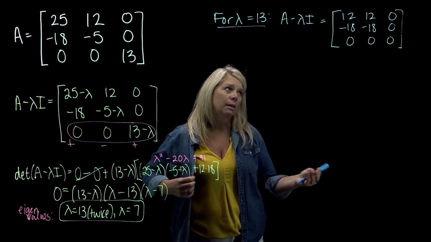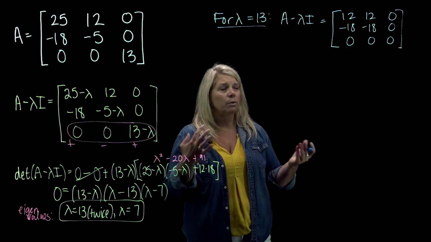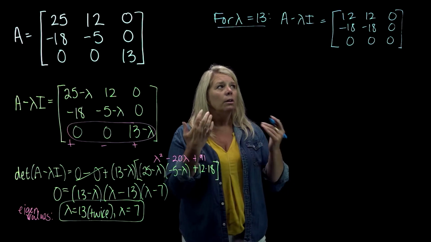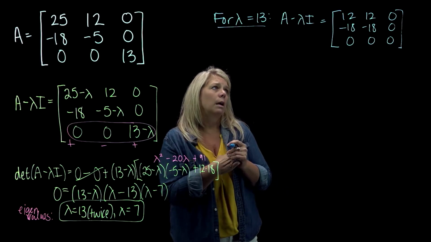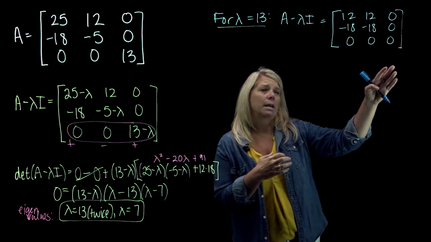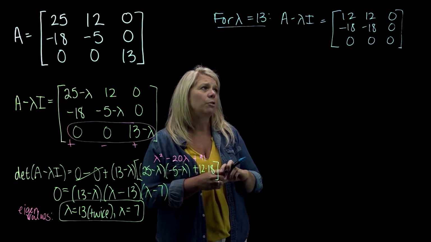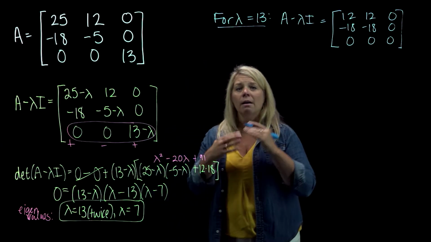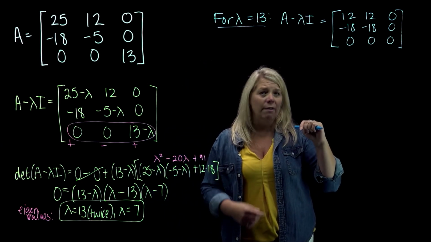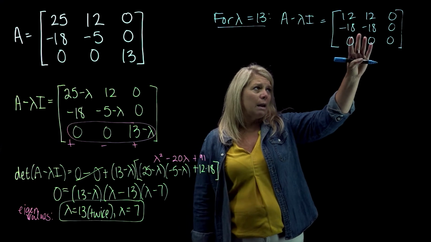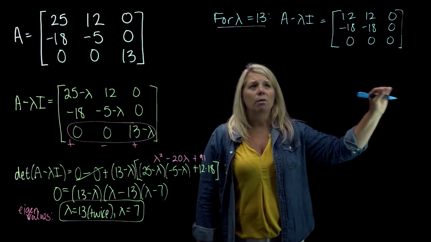So we've worked with null spaces, we've worked with systems of equations. What I'm looking for is a basis for the null space of this matrix. When I think about the null space, I would be looking for a 3x1 vector that, when I multiply it by this matrix, gives the 0 vector.